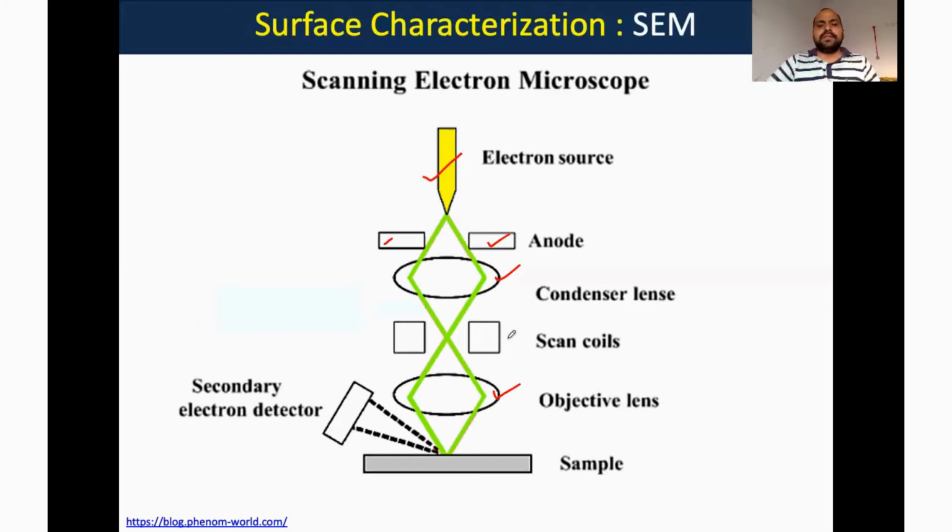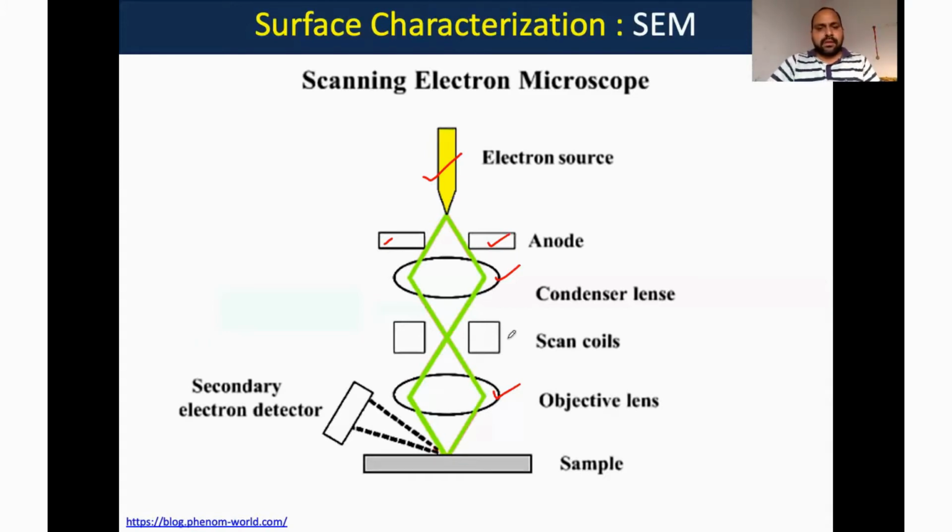So this is the scanning coil. What is the role of the scanning coil? Basically, it has to focus. It has the capacity to focus this entire region by using our objective lens as a condenser lens. But the problem is that the scanning coil can focus on each area. So you can get the information of each area, then assemble it together, and we can get the information of the entire sample, right?